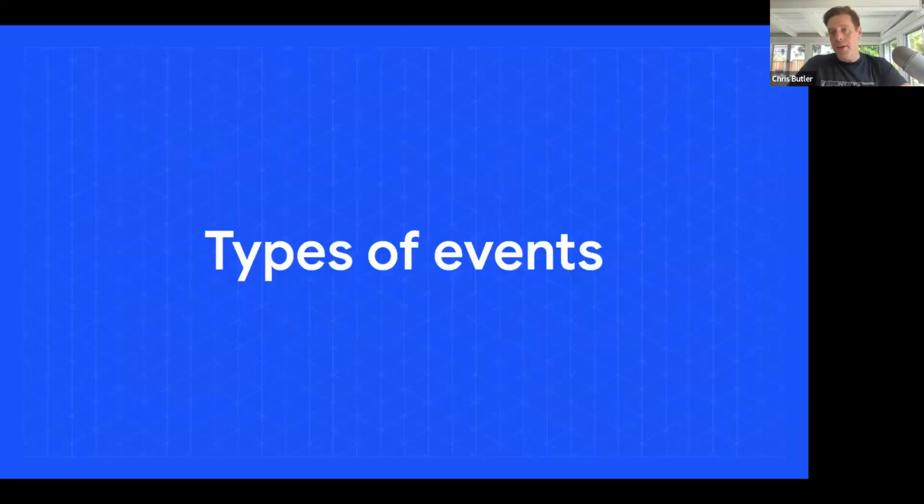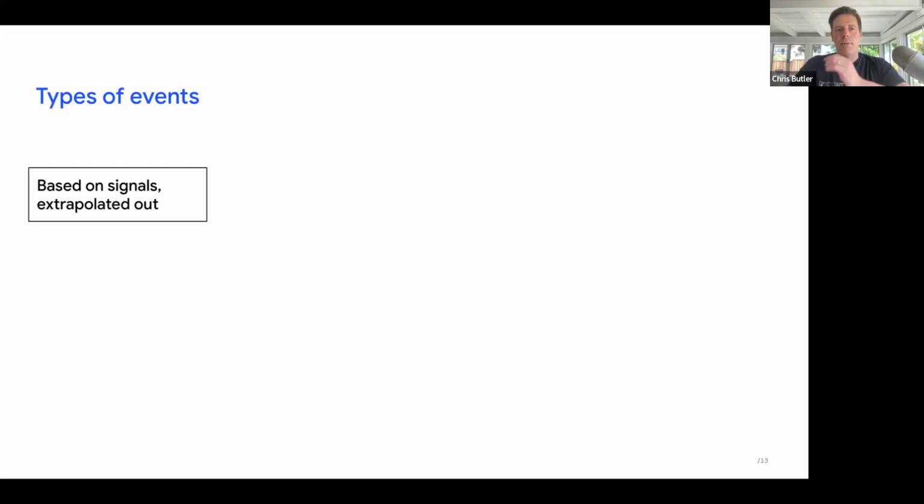When it comes to types of events, the more traditional type is where you find some signals in the world, news stories, events that have already happened, and you extrapolate that out a little bit to create a very specific event that might happen to you. When we talk about wargaming, the US military right now is thinking a lot about what would happen during the invasion of Taiwan.